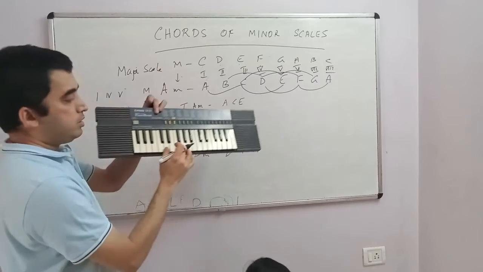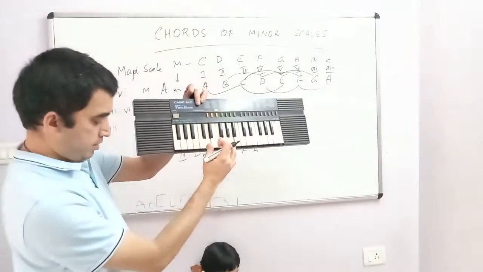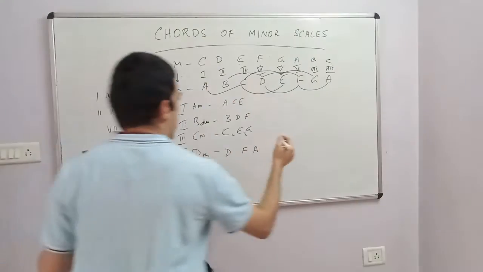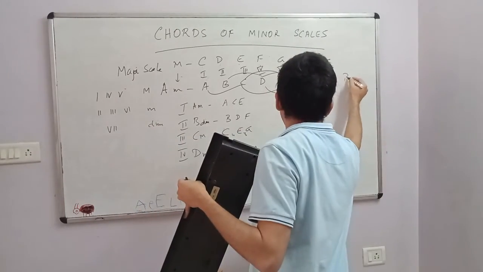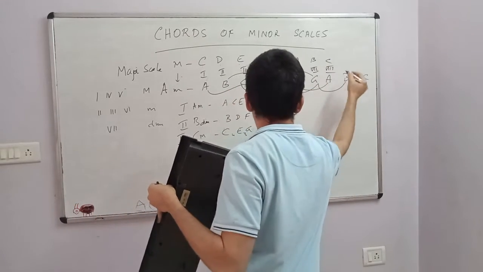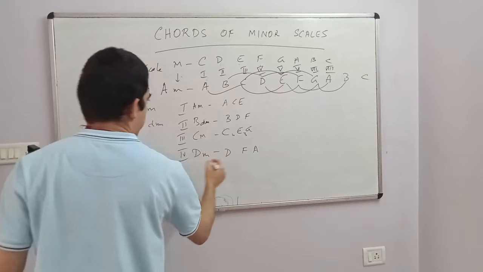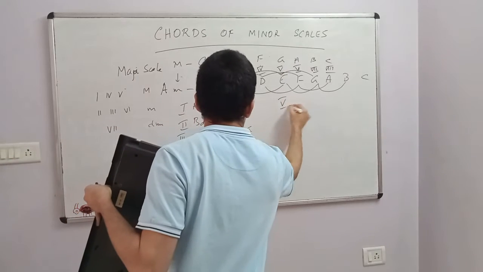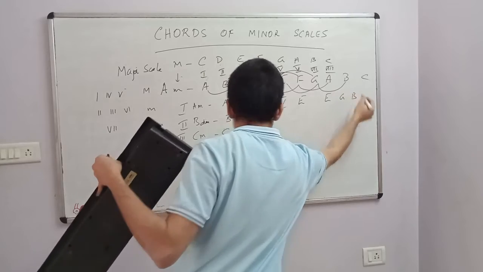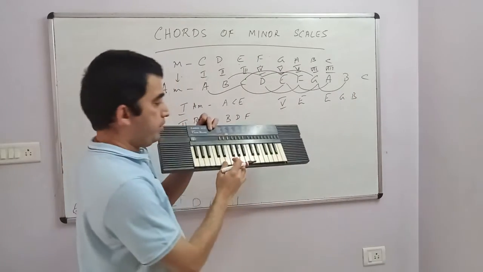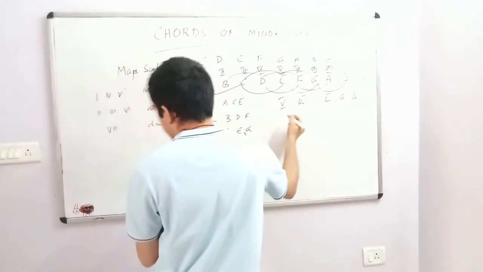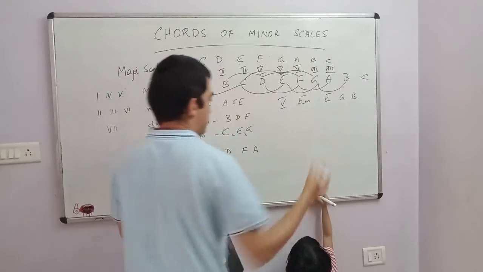That is 3 and 4. Then I will extend the scale just to get the other notes. E, G, B, so this is the fifth chord. It will be E, G, B, so this will be E minor.